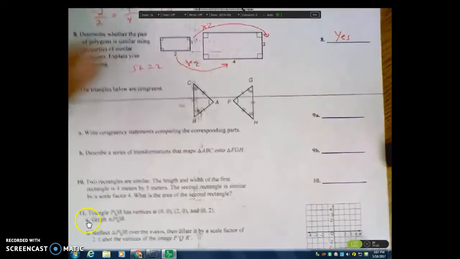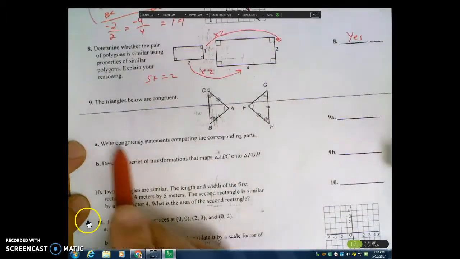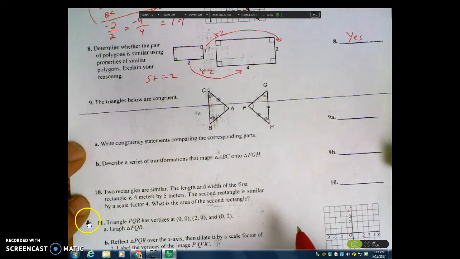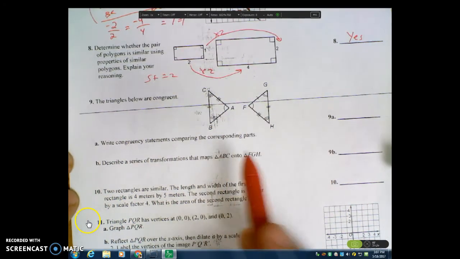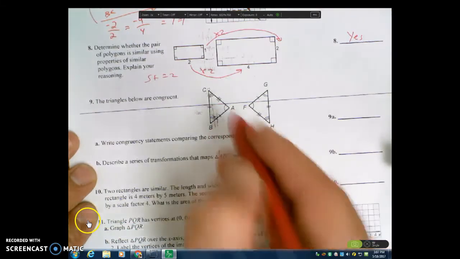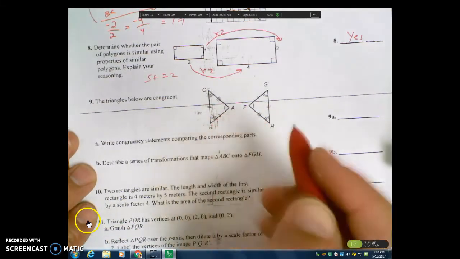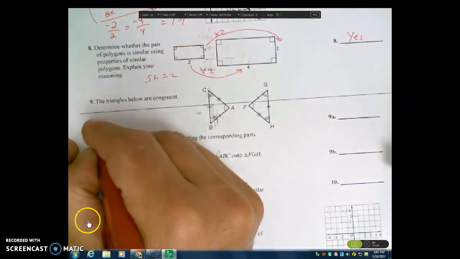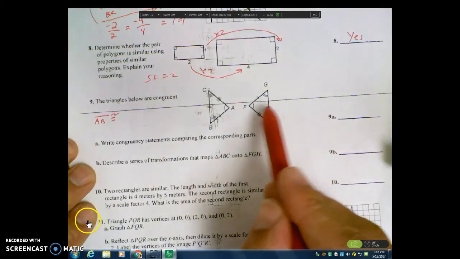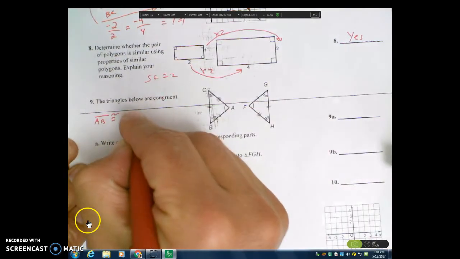All right, congruent. These are congruent. So write congruency statements comparing the corresponding parts. All right, so we got 6 of them. We're going to do each side and each angle. Okay, so I'm going to start with A to B. A to B is the 1 to 2. So line segment AB is congruent to, I went 1 to 2, that's FG.